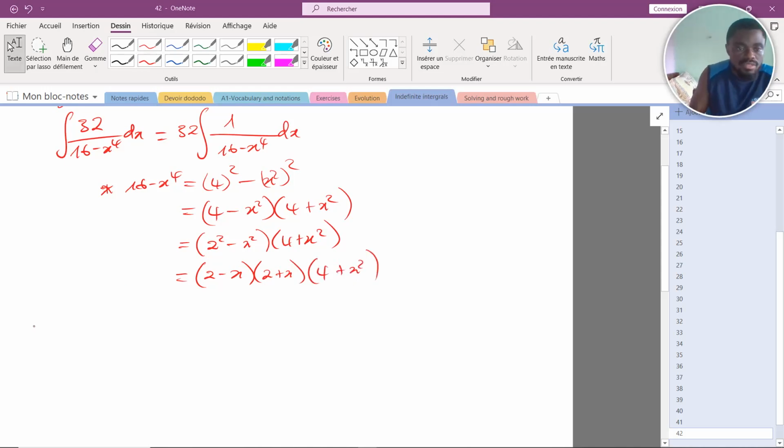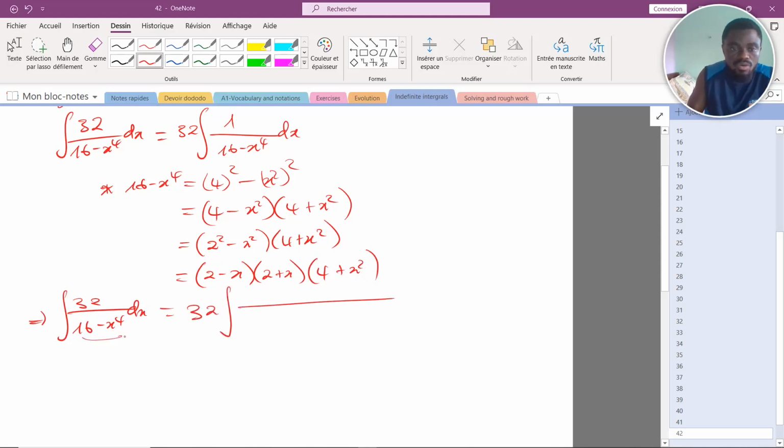So this implies the integral of 32 over 16 minus x to the 4th dx will be equal to 32 times the integral of dx over 2 minus x times 2 plus x times 4 plus x squared.